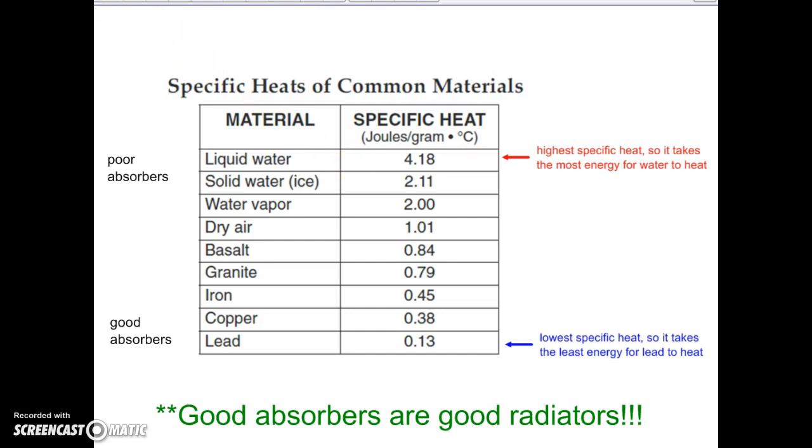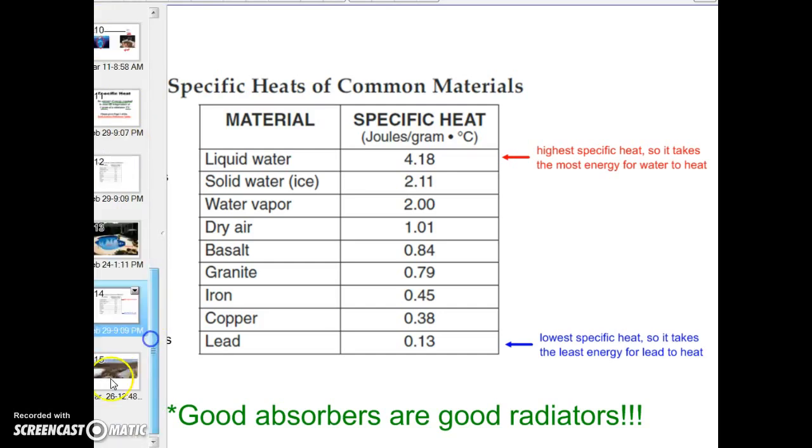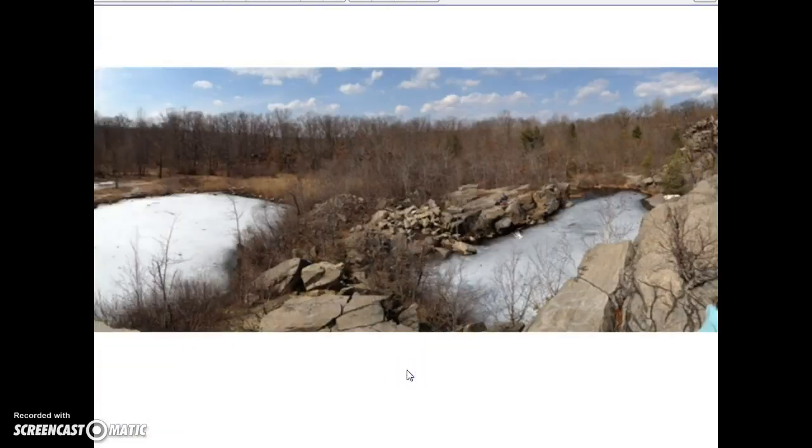But I want to leave you with one last picture. I took this picture last year when I was hiking in Westchester, and it was sometime in March. You can see that there's no snow or ice anywhere on the rocks, on the trees, on the ground. All of those things have warmed up.